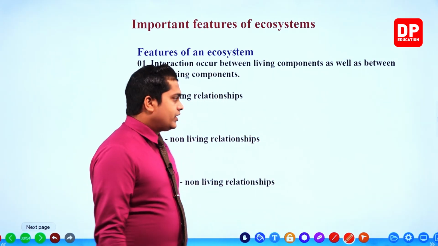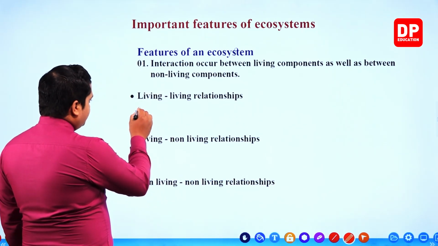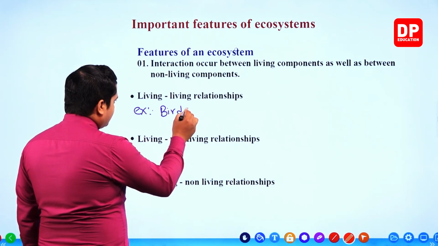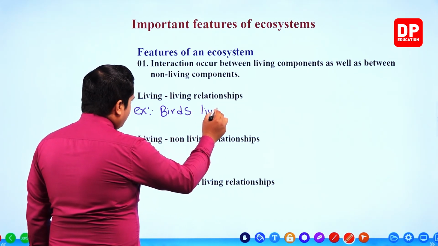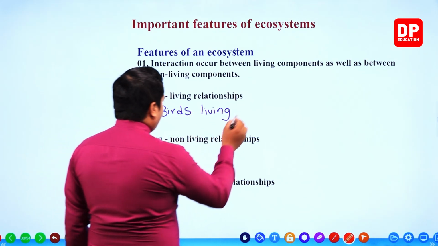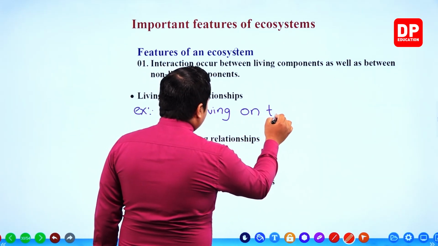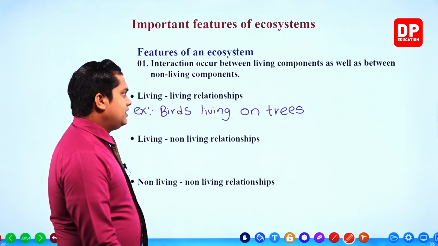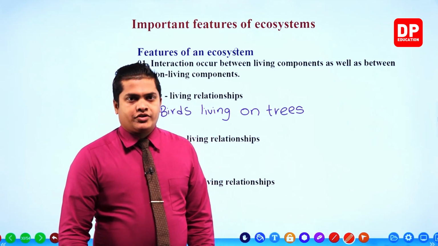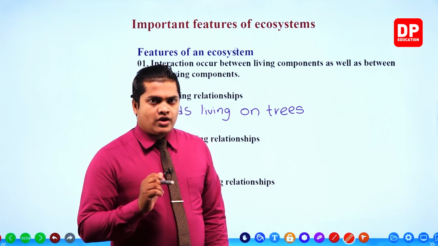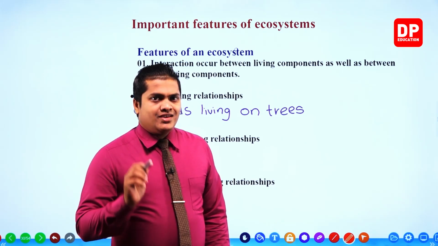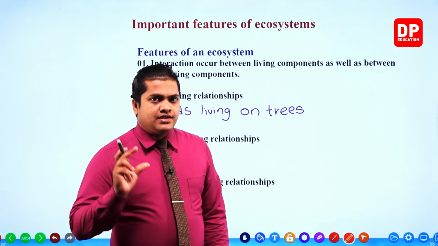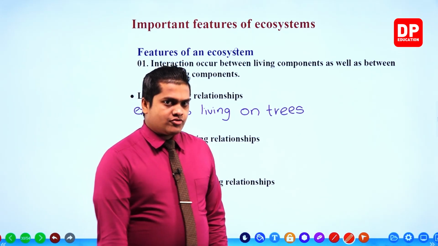Right, so here we can write the example: birds living on trees. Birds living on trees. A bird is a living organism, and a tree is also a living organism. So birds living on a tree can be considered as a living interaction.